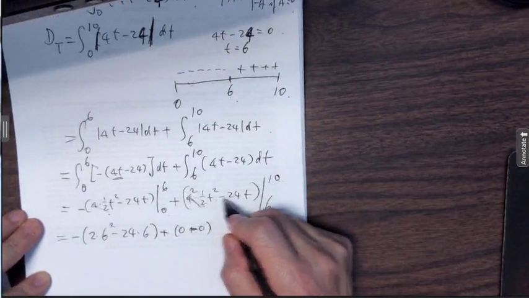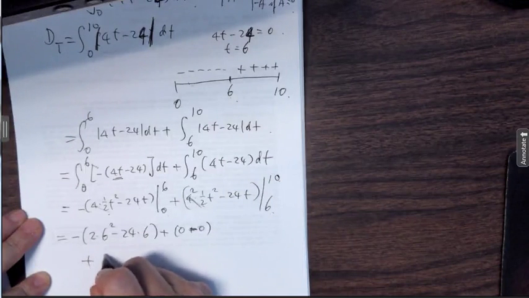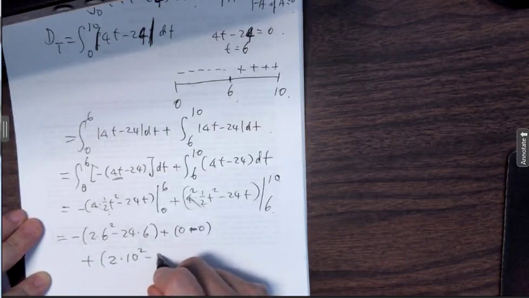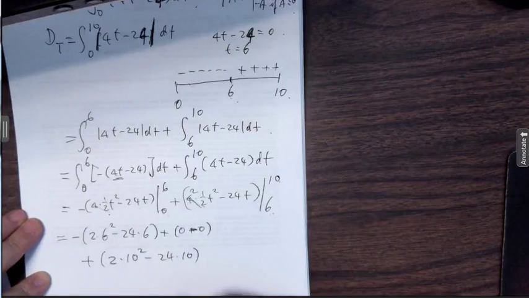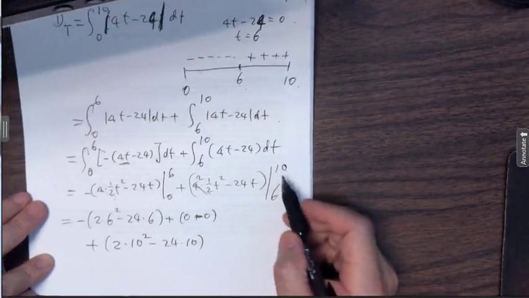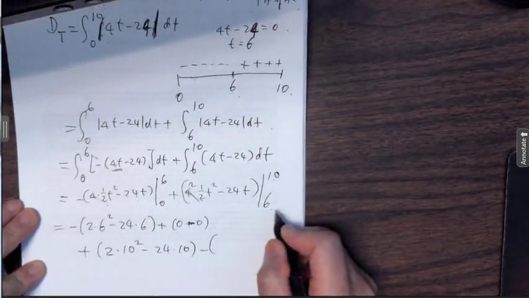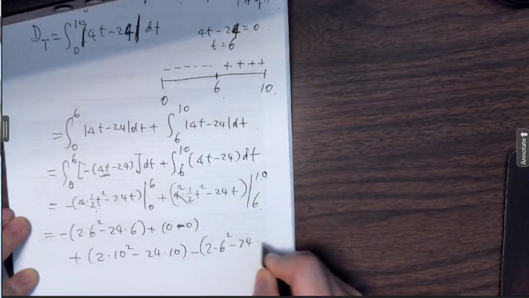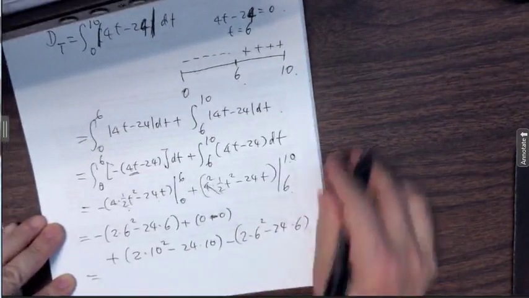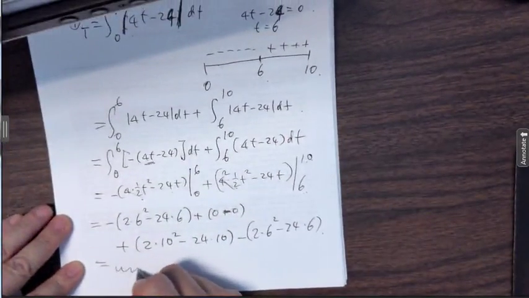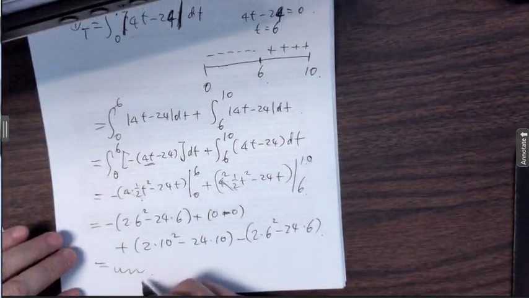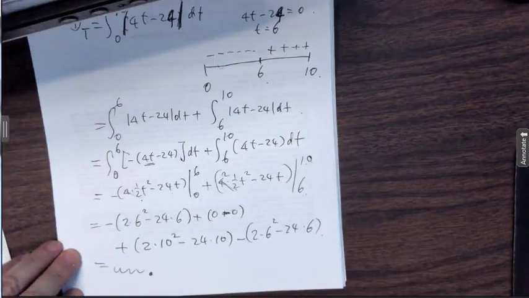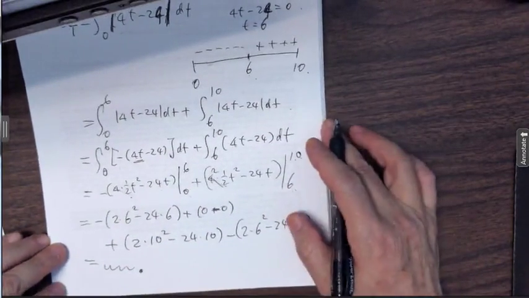You get 2 times 10 squared minus 24 times 10. That's when you plug in 10 for t, minus then 6 for t: 2 times 6 squared minus 24 times 6. Again, with a calculator, you would be able to find the answer easily. I'm not going to finish that, but you need the calculator to do it.